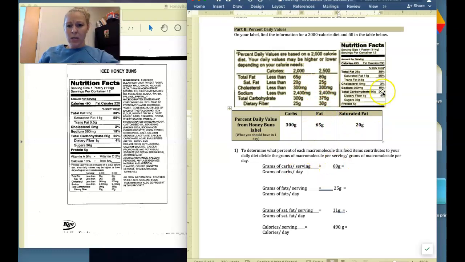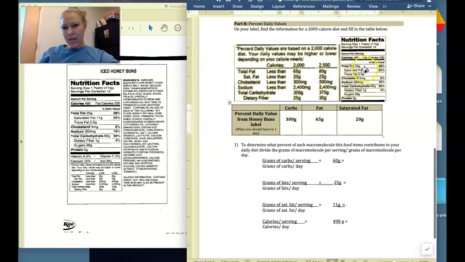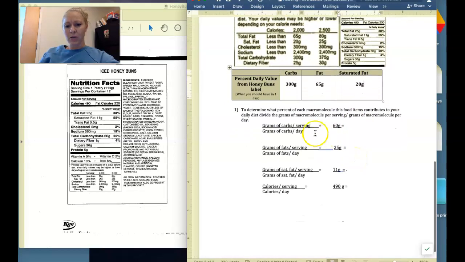And let's look at what our percentages are on the nutrition facts. It says here that our honey bun gives us 38% of our total fat and 20% of our carbs that we're supposed to have in a day. So let's look at where these numbers are coming from.